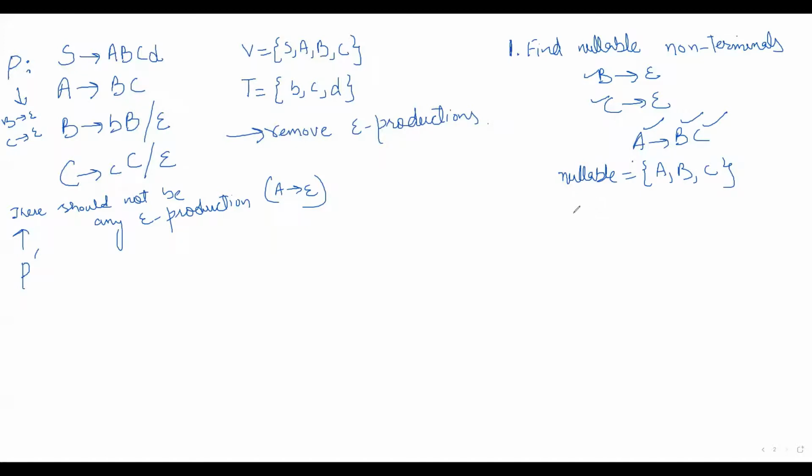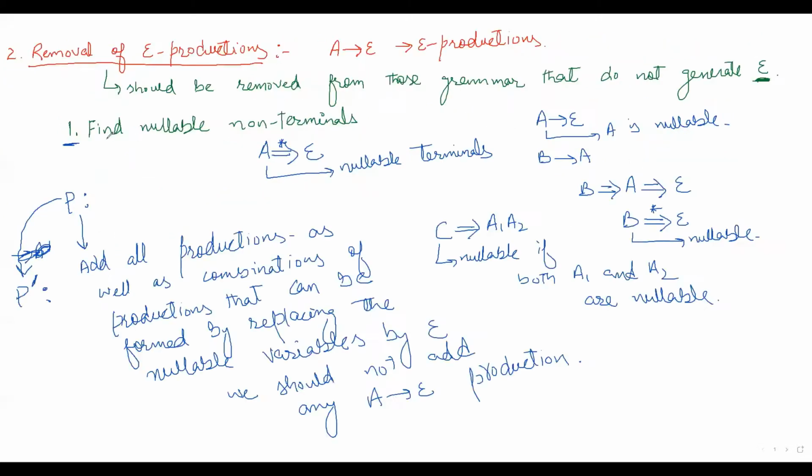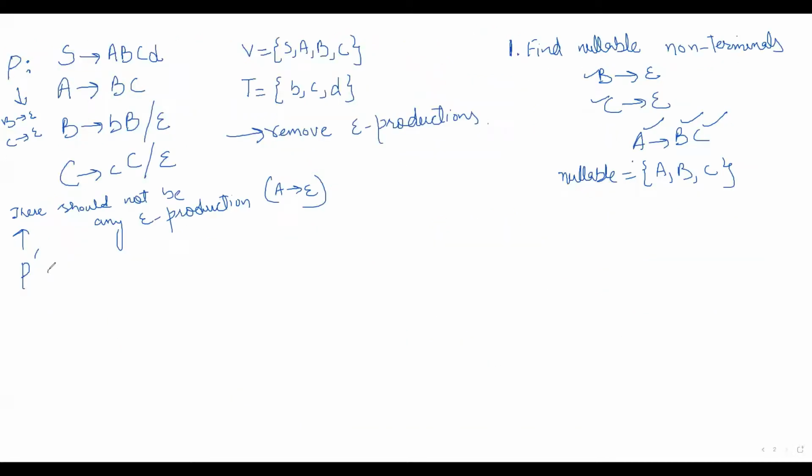So this is the first job. Then what is the second thing? After finding nullable non-terminals, we can generate new production rules. We should add all productions in P. So what are all the productions in P? One production is S gives ABCD.